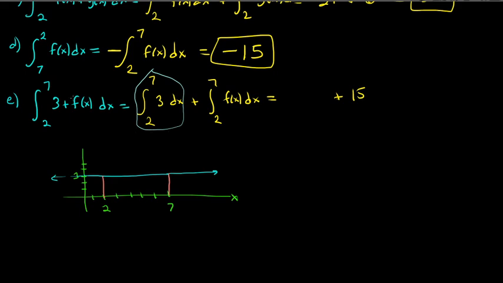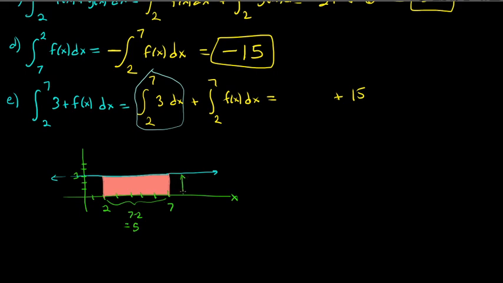So what does this definite integral represent? It represents the area of this region under the curve, in this case a horizontal line, but above the x-axis and between 2 and 7. Well, that's a rectangle, and I hope you can recognize that the length of the rectangle is just 7 minus 2, which is 5.